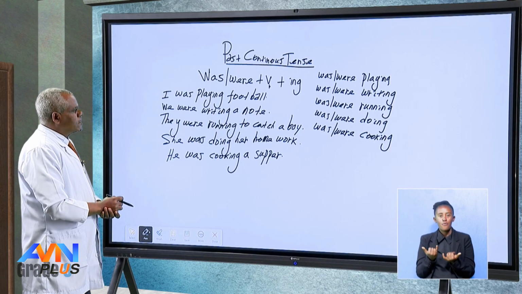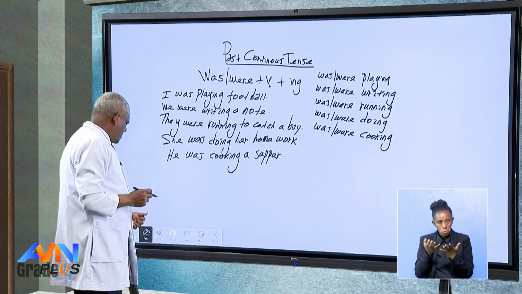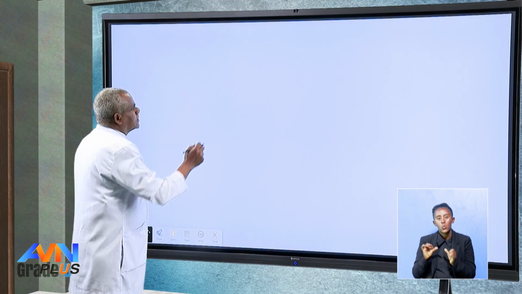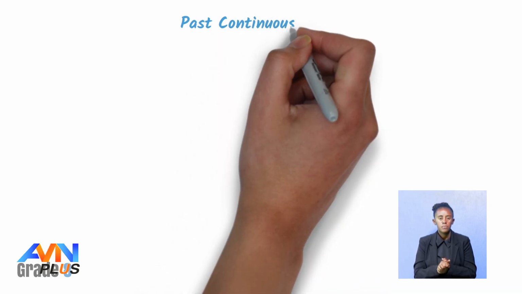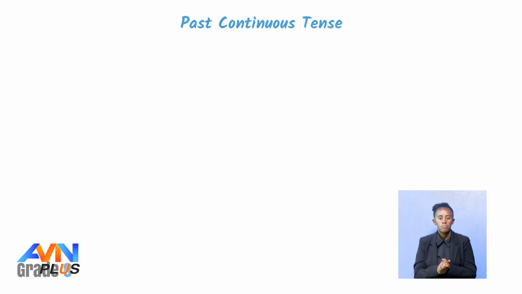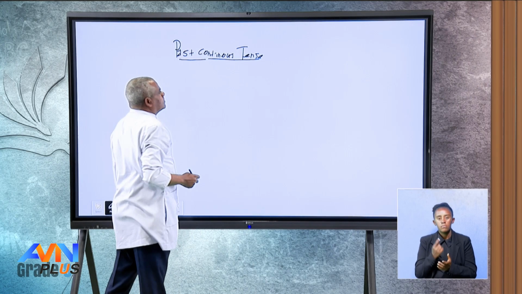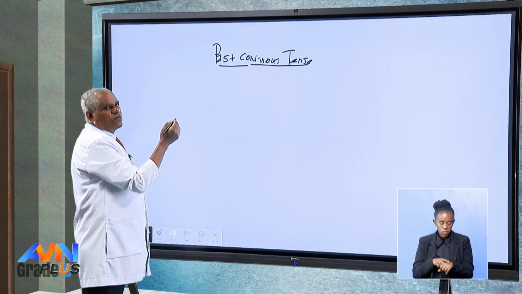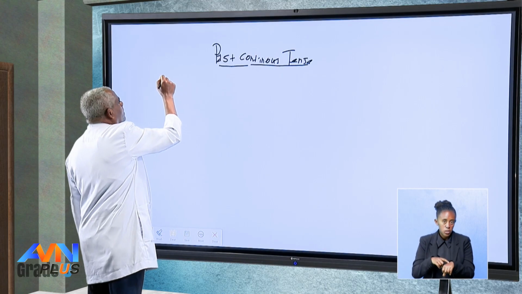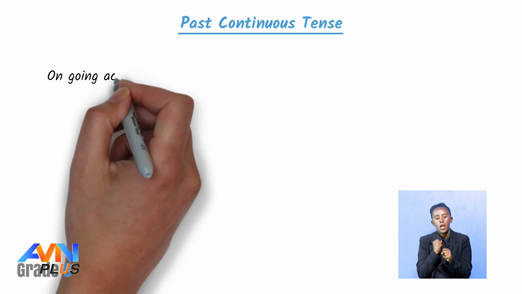Now let's see the function of past continuous tense. I want to make you familiar with some of the past continuous tense forms. What's the function of past continuous tense? Good. The function of past continuous tense is ongoing action.